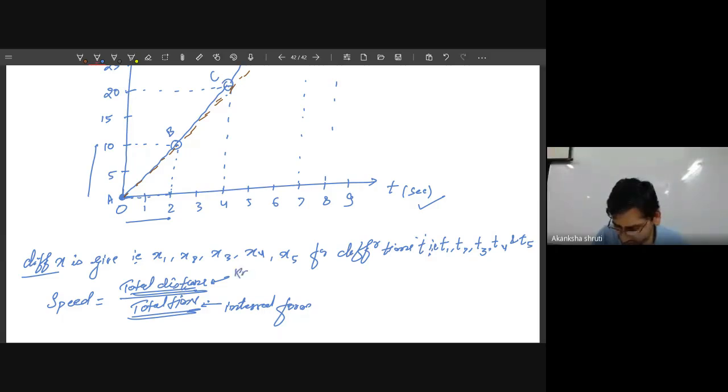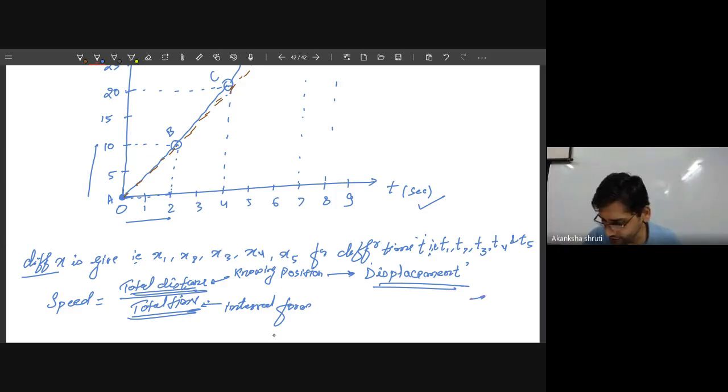The better thing that can be calculated by knowing position is basically the displacement. If the displacement is known to us, then it is given in terms of velocity. So this way, either speed or velocity is calculated. Speed is calculated by considering the path length, and if only the initial and final position in the given time is taken, then it is the velocity.